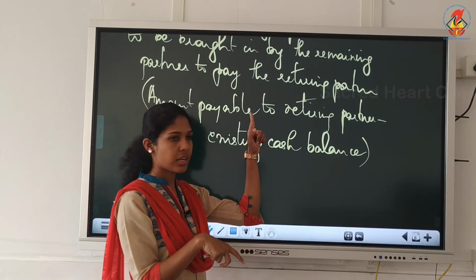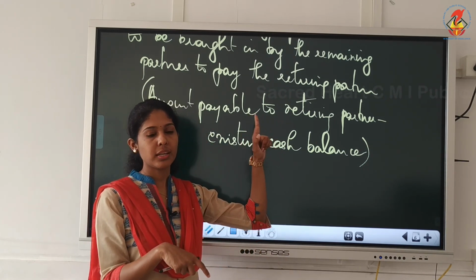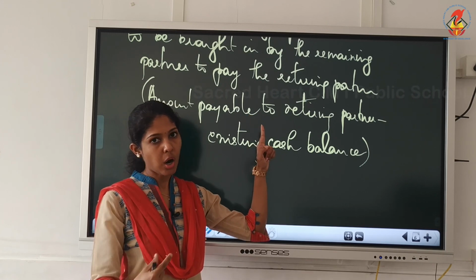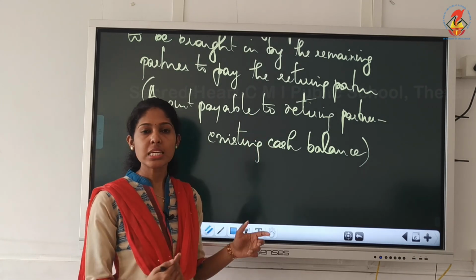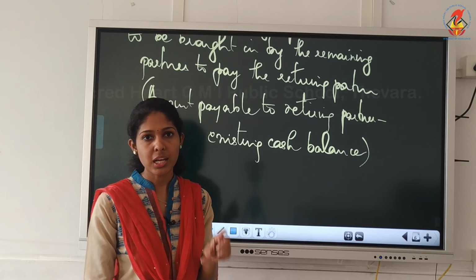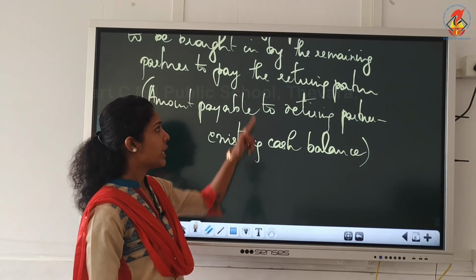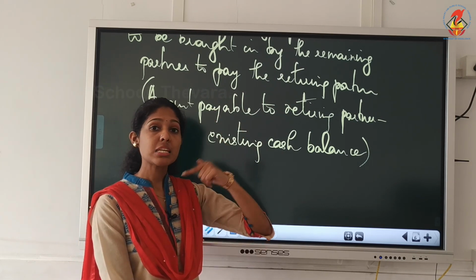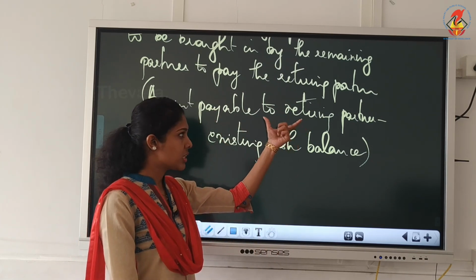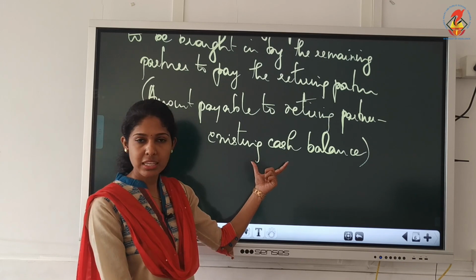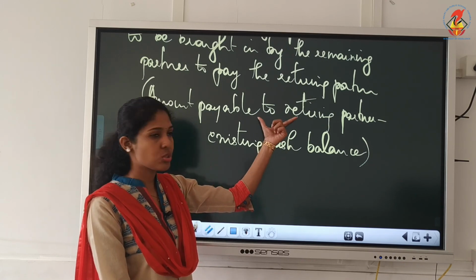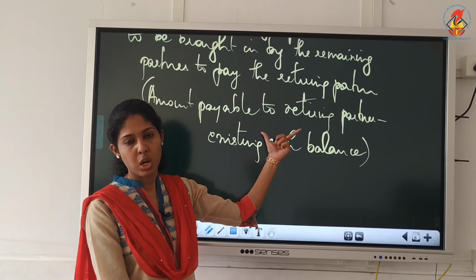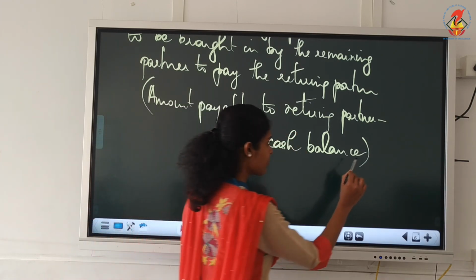So this means the retiring partner's column balance, or the amount you are transferring to loan account, minus existing cash balance given in the balance sheet. That is how you have to compute shortage of cash in method number 5. Whereas in method number 4, you just took the amount transferred to loan. You didn't deduct anything like existing cash balance. Did you understand the difference?